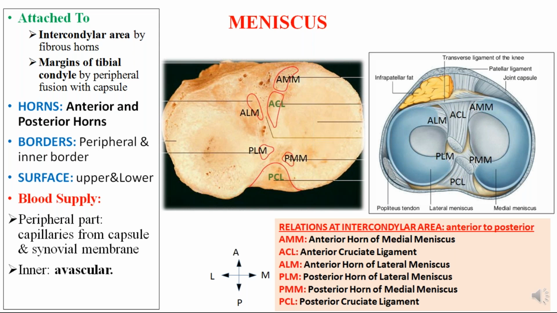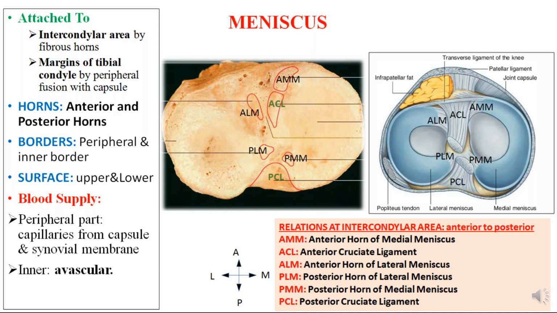For remembering the attachment of the cruciate ligaments, remember the anterior one is between the two anterior horns and the posterior one is the most posterior. So remember this order of attachment on the intercondylar area from anterior to posterior.